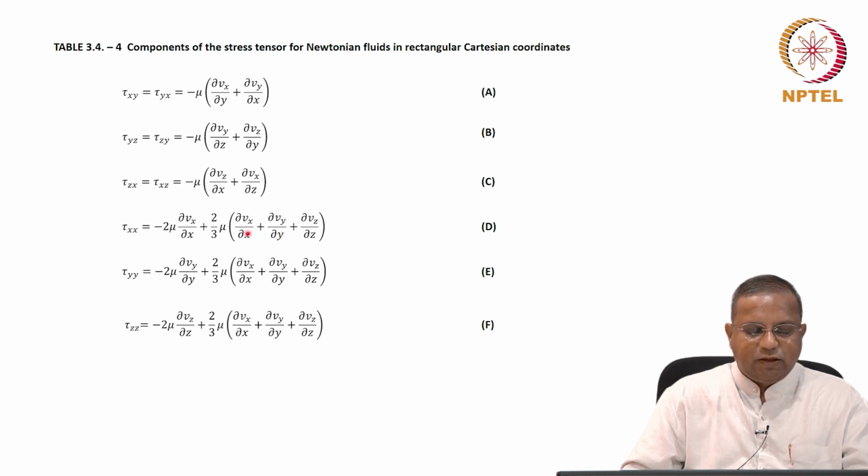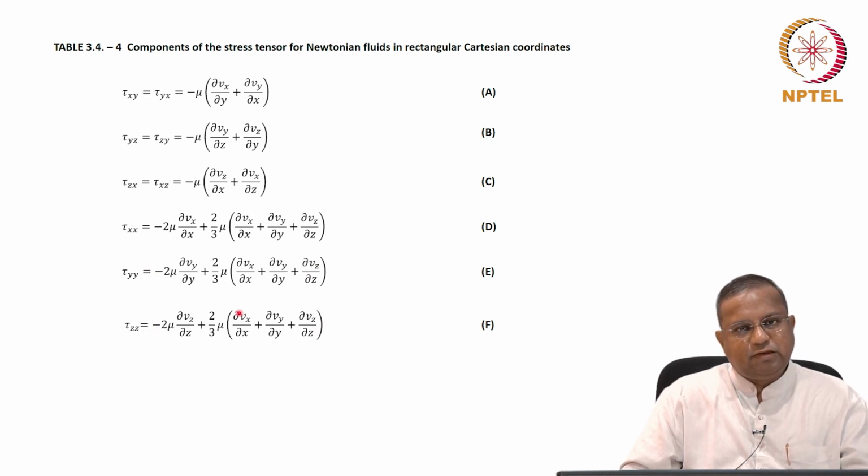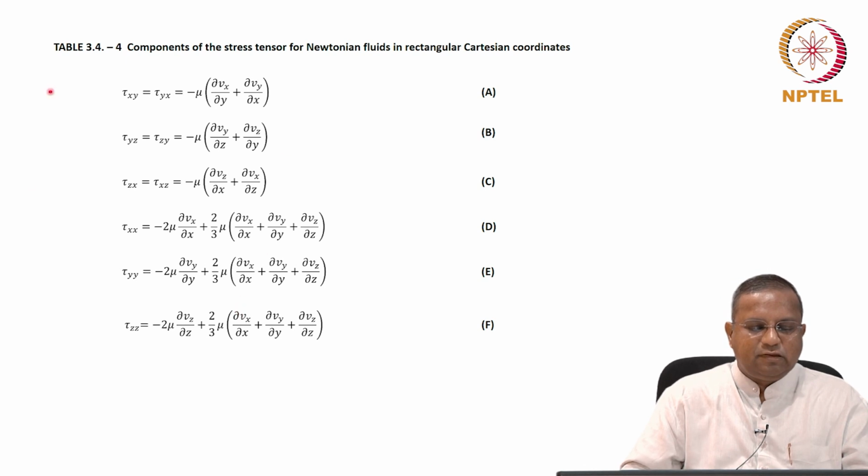It's non-trivial. Therefore, let's take it on face value for our purposes that tau xx is given in terms of these velocity gradients, tau yy is given in terms of these velocity gradients, and tau zz is given in terms of these velocity gradients. So this is the relationship between shear stress and shear rates or the velocity gradients in a 3-dimensional case.